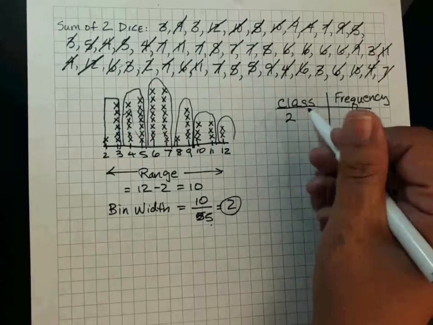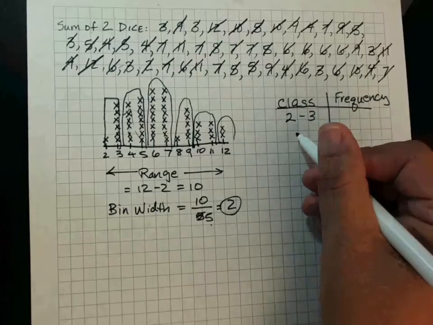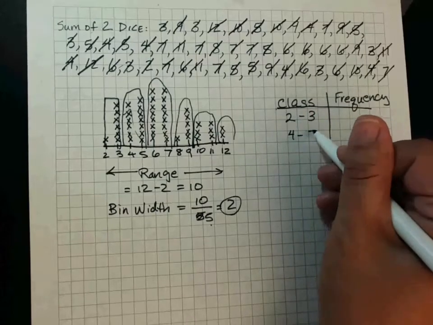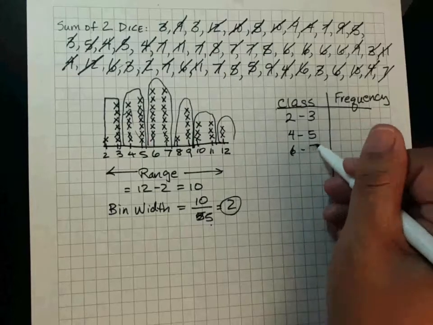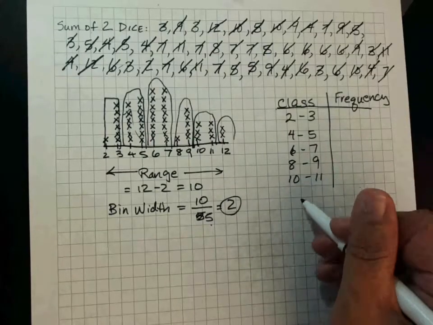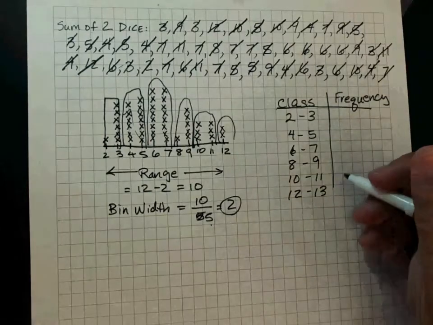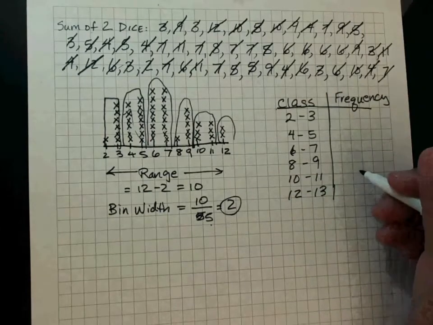Since these are integers, I can say 2 to 3 will work. See how I have 2 numbers there. 4 to 5, 6 to 7, 8 to 9, 10 to 11, and then 12 to technically 13, although we can't really get a 13. But all your bars are supposed to be the same width.